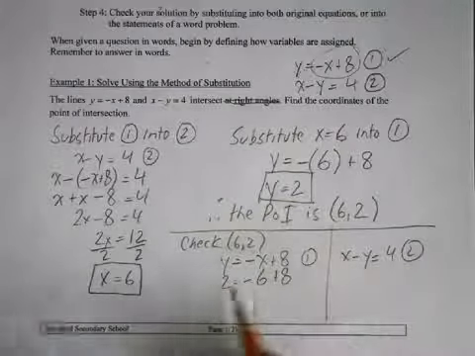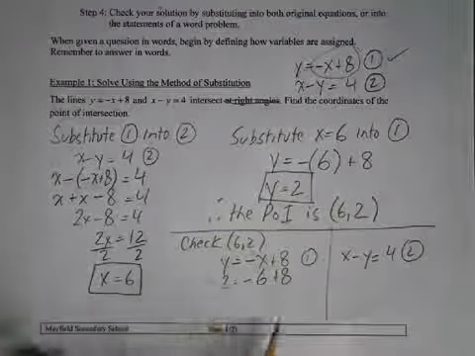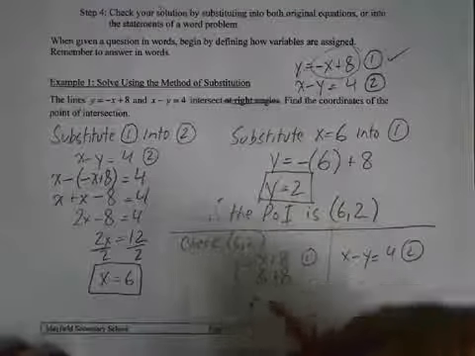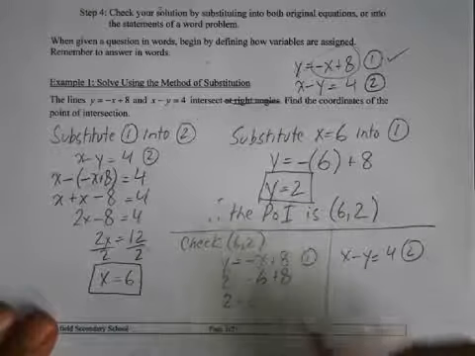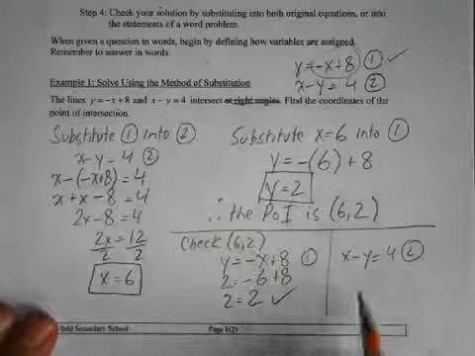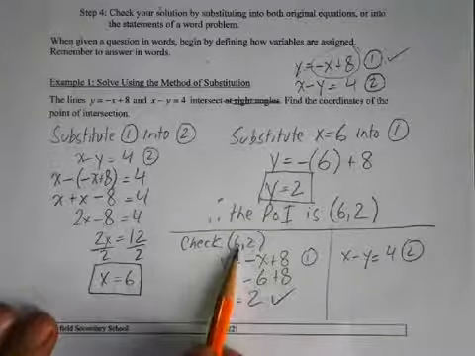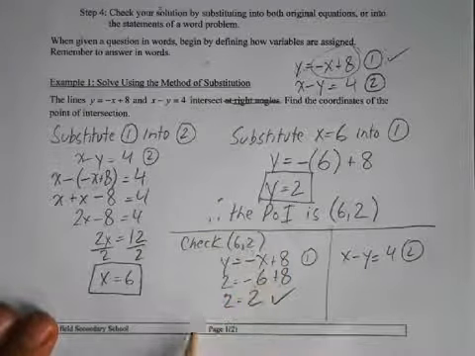And I'm not trying to solve anything here, I just want to calculate the left side and right side. So the left side is still 2, and then negative 6 plus 8, or 8 minus 6, that's also 2, and that works.